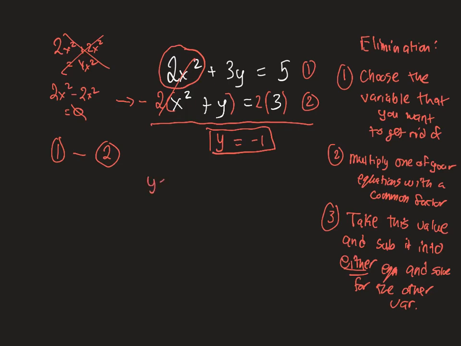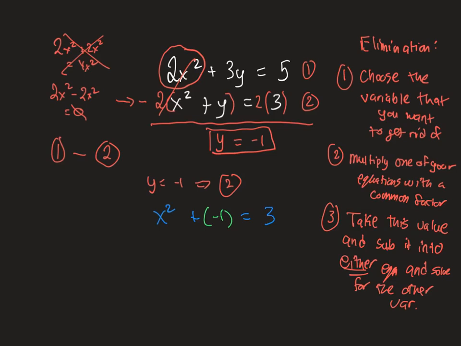So I'm going to do y is equal to negative 1. I'm going to put it into equation 2. What that means is that I'm going to have x squared, nothing's happening there, plus my y now becomes minus 1, and it's going to be equal to 3. So I want to solve for x squared.